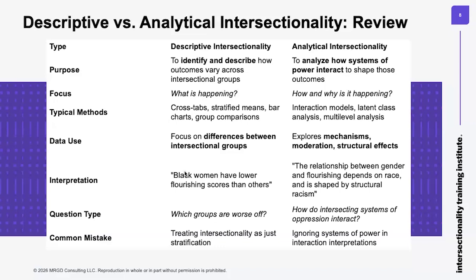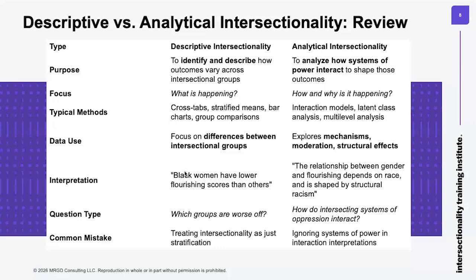I really like also that this slide contextualizes just basics, right? As we talked about before, at the simplest level, descriptive is what is happening, what is going on, and identifying axes of inequality and inequity. And analytical is describing why it happens.